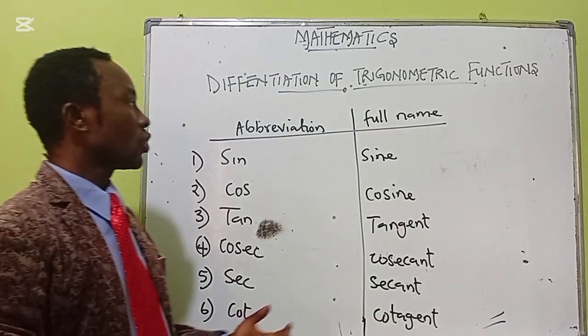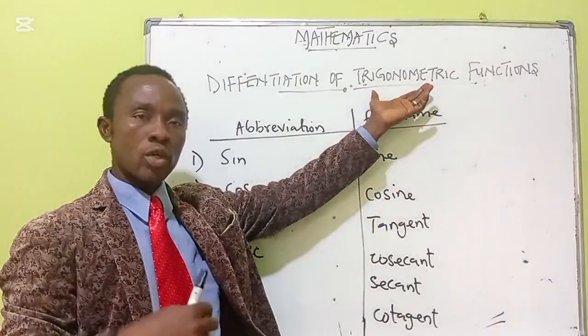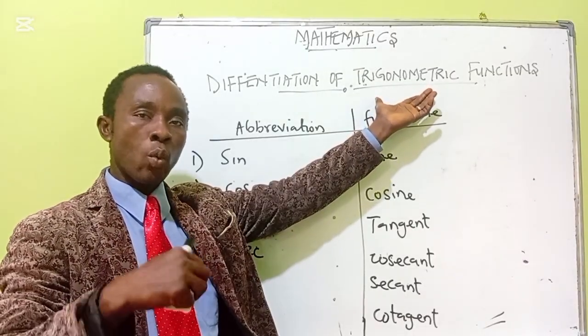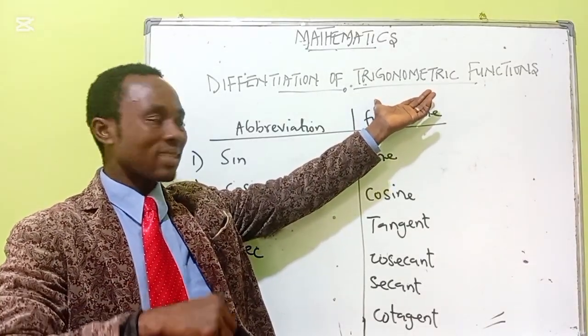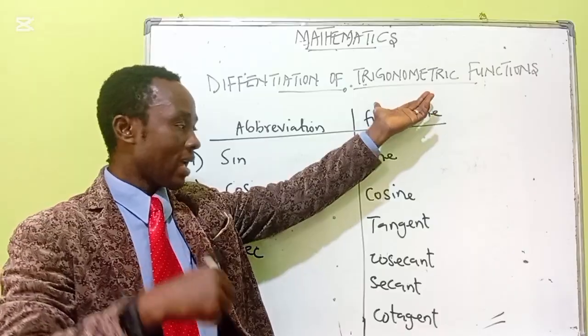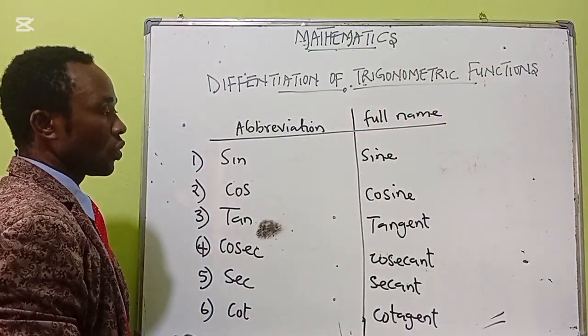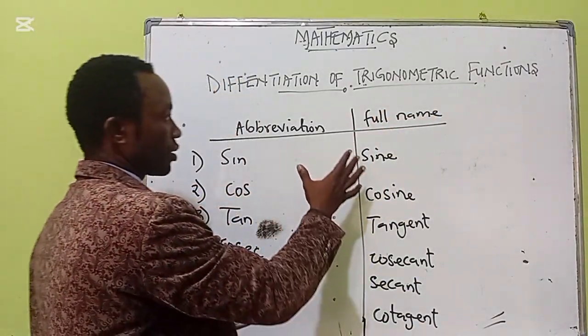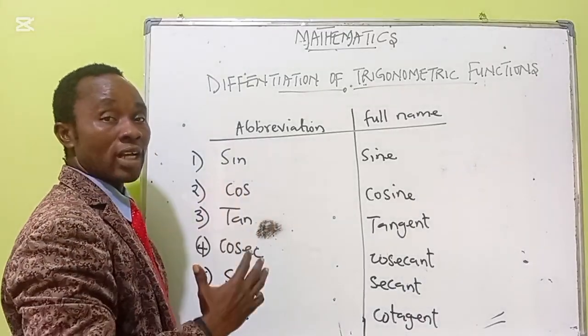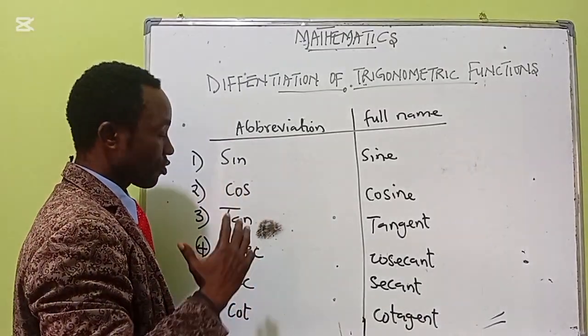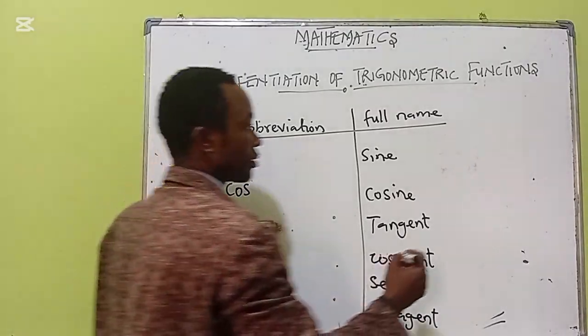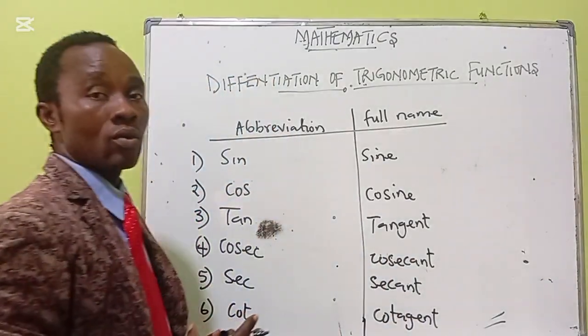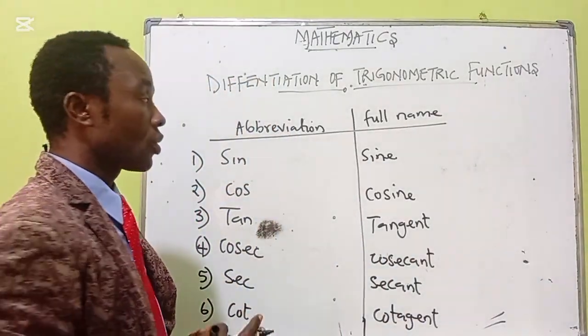Now, when we say trigonometric function, the base word there is triangle, from the word trig. That is to say these trigonometric functions are actually obtained from triangles, normally a right angle triangle.